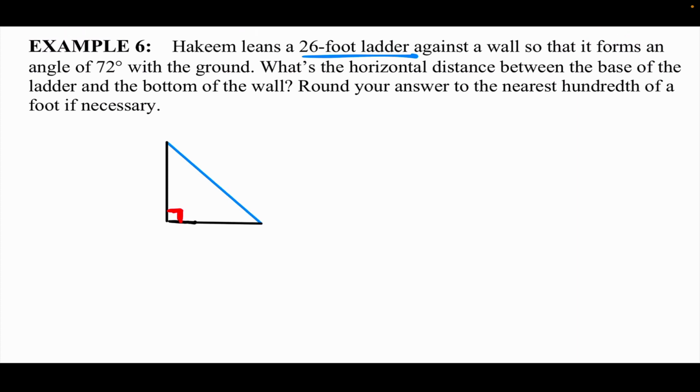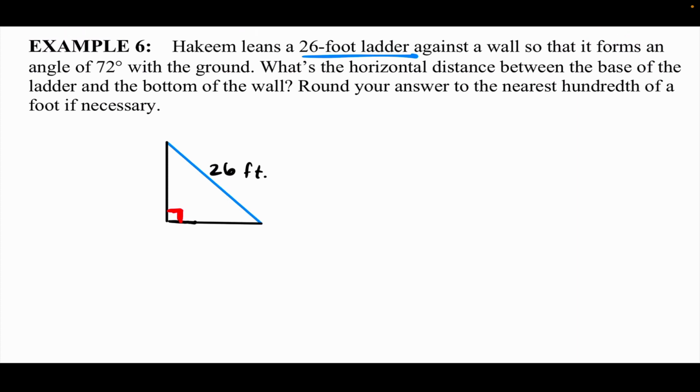Okay, so we know that the ladder is 26 feet. That's how long the ladder is. So that means this is going to be 26 feet right here. When the ladder is put against the wall, it makes a 72-degree angle with the ground.